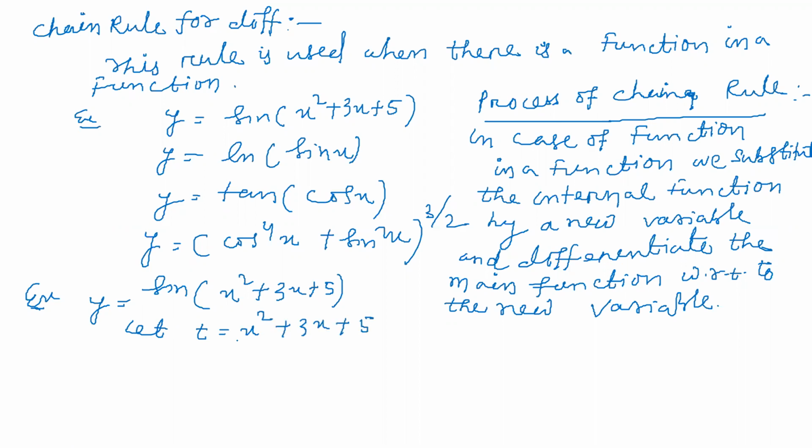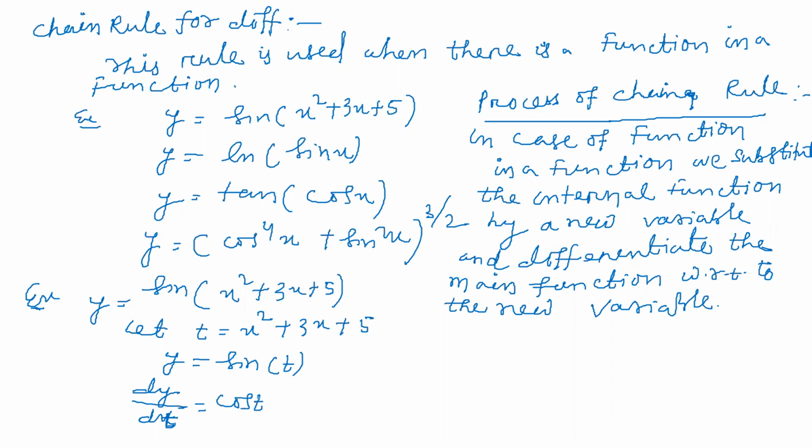Then the function became y is equal to sine t. It is easy for you. And here dy by dt will be how much? Dy by dt is equal to cos t.